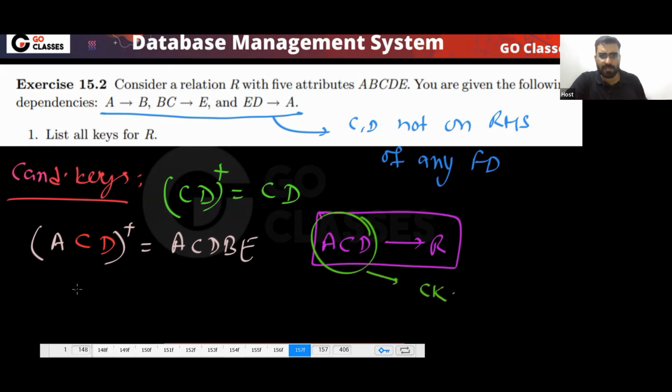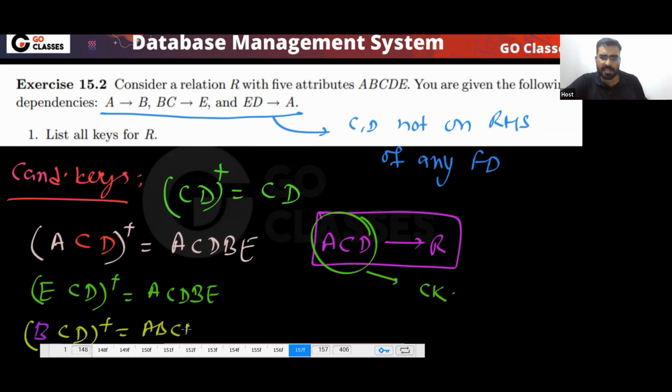What else? For example, I can say ECD. This is also candidate key. You can check. The reason is ED can determine A. Now you can notice BC can determine E. So BCD can also determine everything, A, B, C, D, E. Okay, so these are the candidate keys.